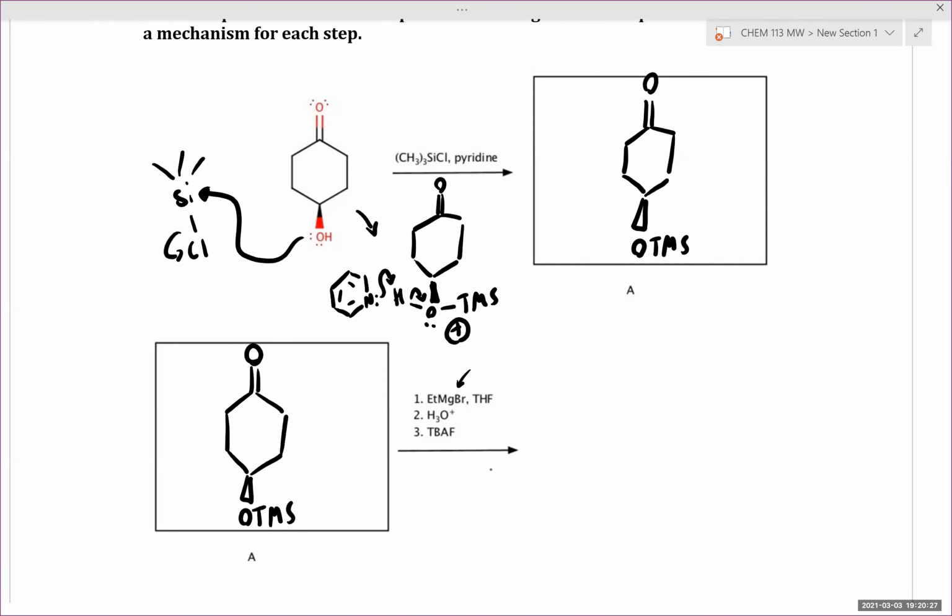A Grignard reaction, right? And where will the Grignard add? Well, what is our electrophile in this case? What is our electrophile for this Grignard reaction?